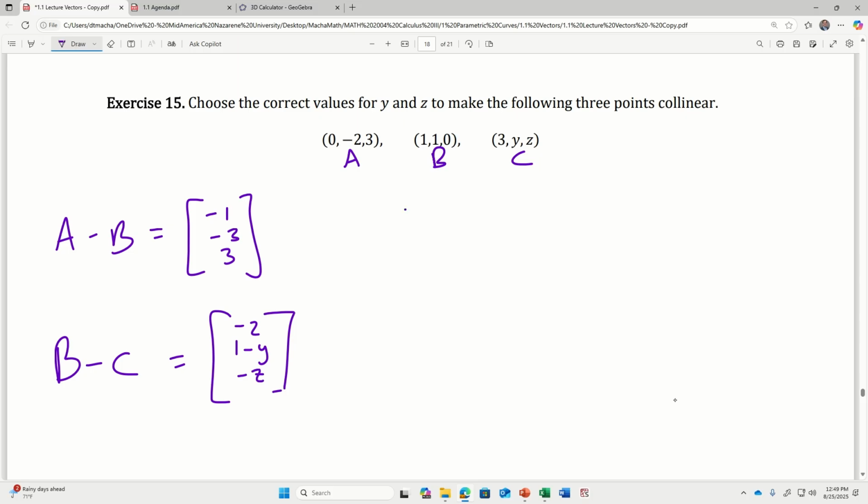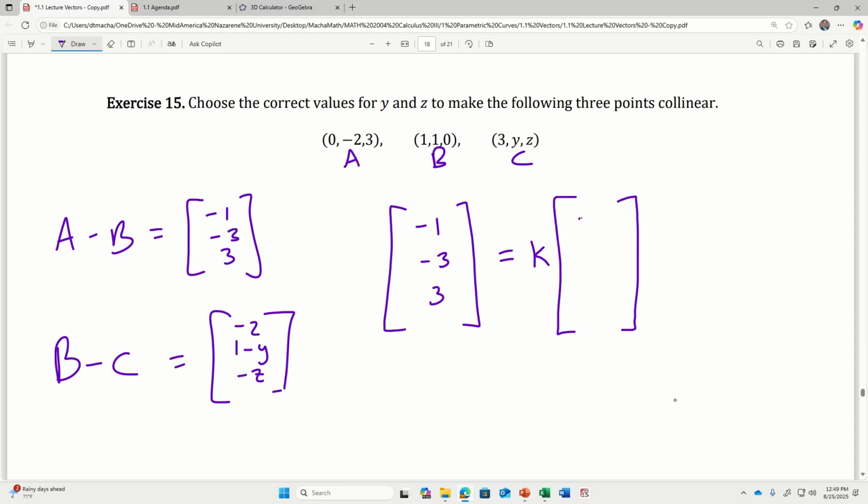And then what we're saying is I want these 3 points to be collinear. And that means for these different vectors, I really want them to be parallel. Let's talk about what needs to happen in order to make these two vectors parallel.